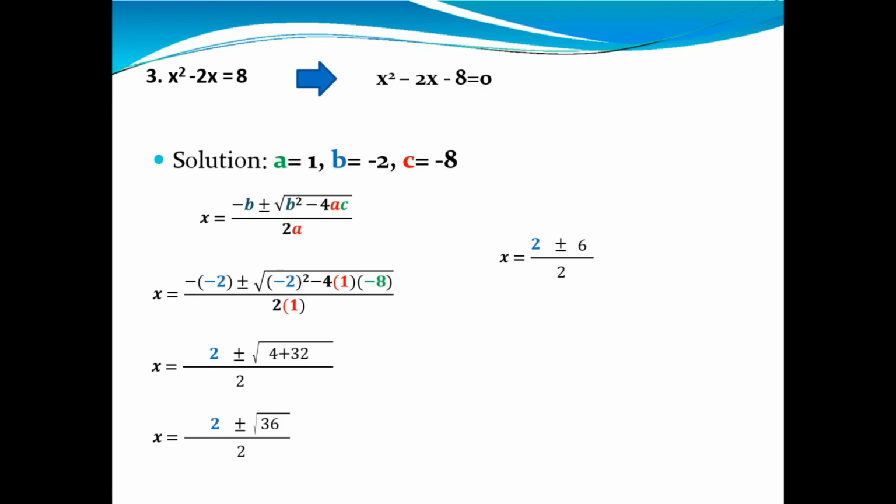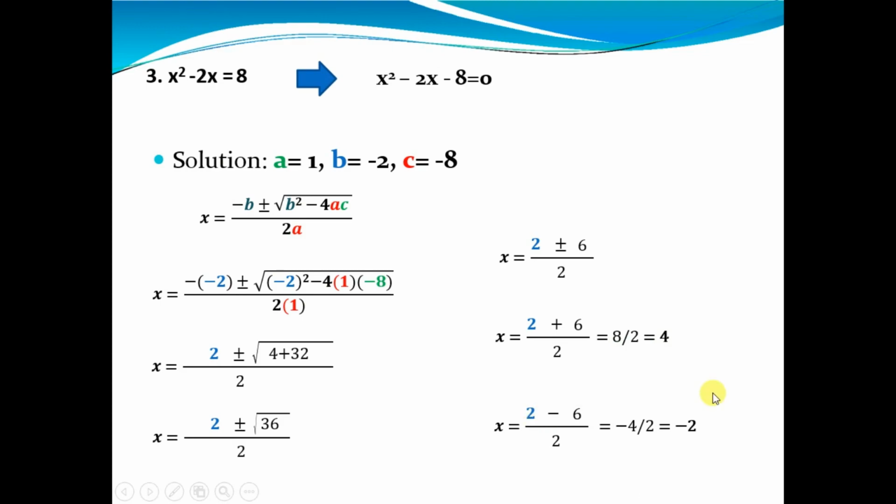Now, separating this expression, because we can still simplify it, we have 2 plus 6 over 2 and 2 minus 6 over 2. In the first expression, we have 2 plus 6, that is 8, over 2. It means that 8 is divided by 2 and the answer is 4. So that is our first value.